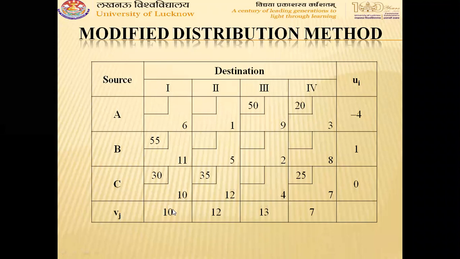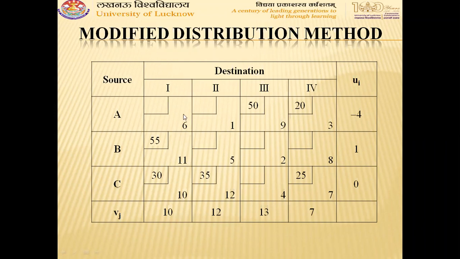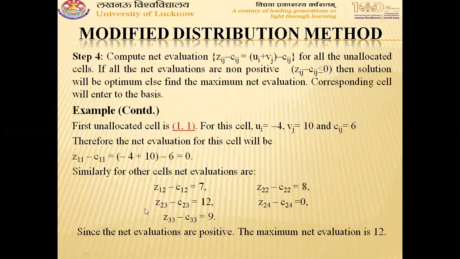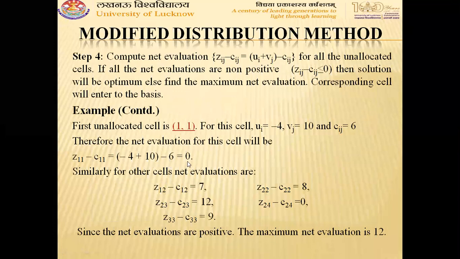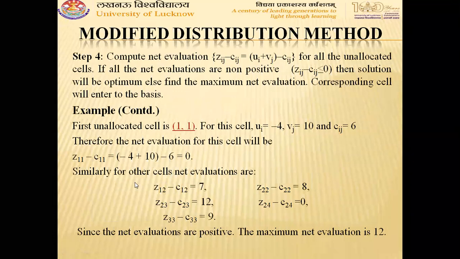So Ui plus Vj minus Cij means 10 minus 4 minus 6, which gives 0. So Z11 minus C11 is equal to minus 4 plus 10 minus 6, which results in 0. Similarly, we can calculate net evaluations for the other cells also.